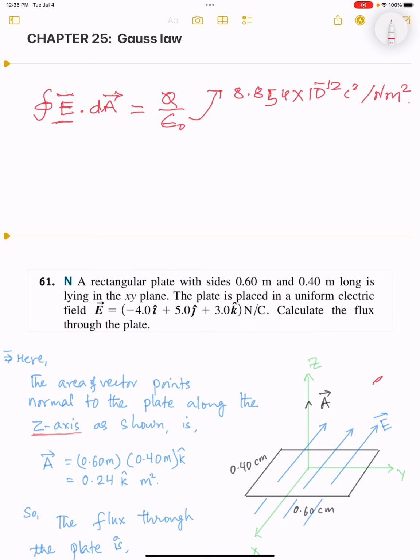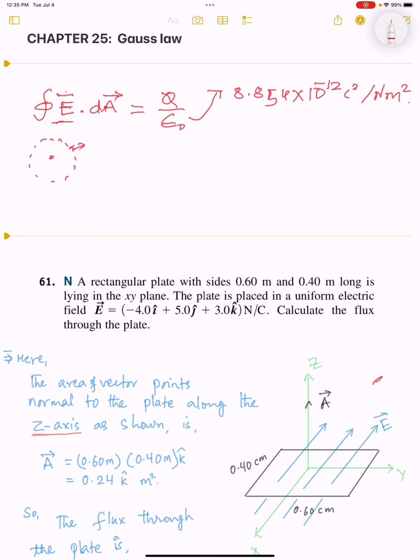For example, to calculate the electric field of a point charge, you have to draw or construct a Gaussian surface around the point charge like this, and the electric field vector will be perpendicular to the Gaussian surface and pointing away from the point charge. Okay, so like this.